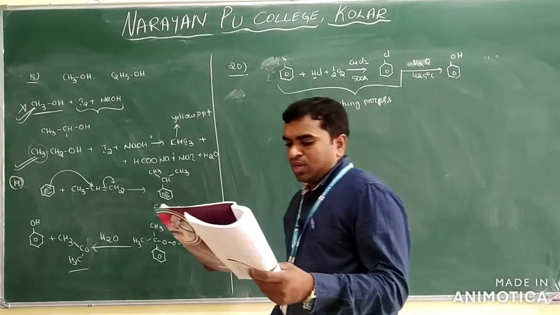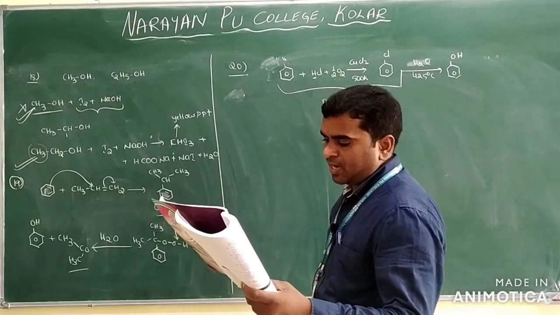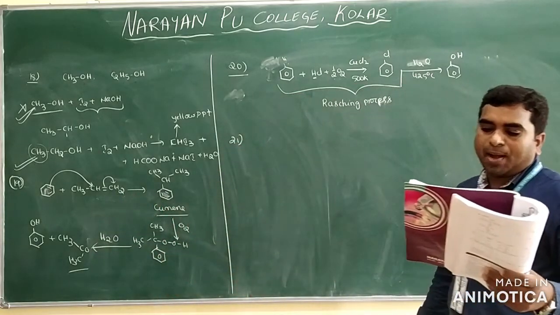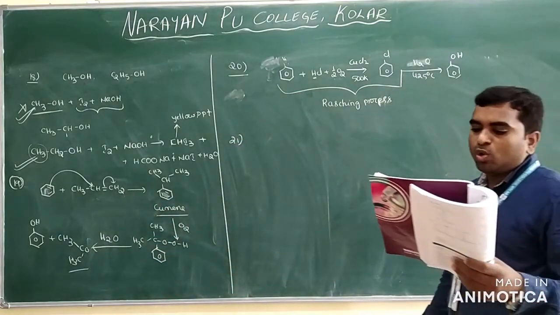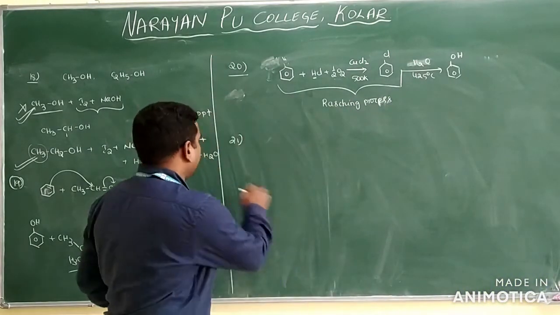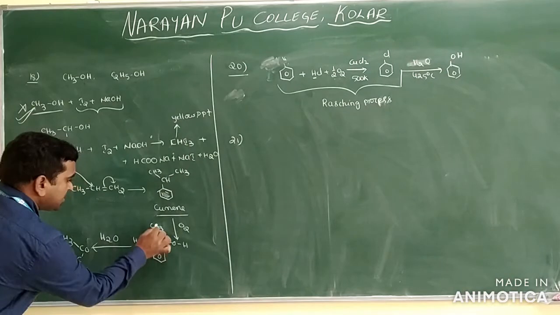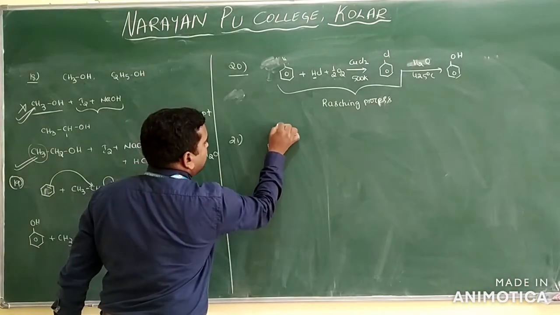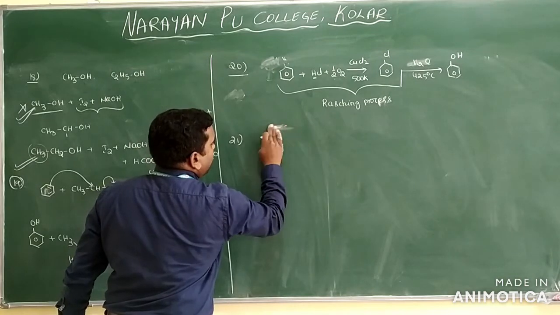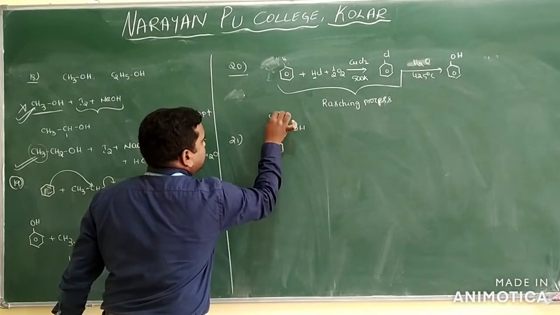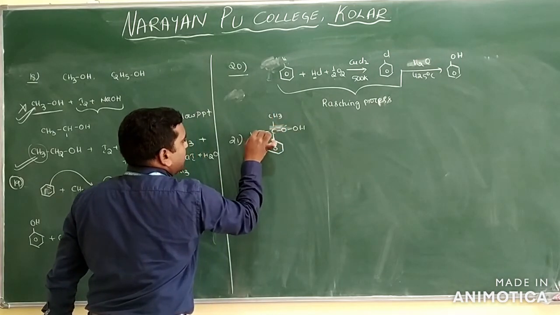Next one, question number 21. The compound obtained by heating cumene peroxide with dilute H2SO4. Just now we have mentioned this, cumene peroxide.